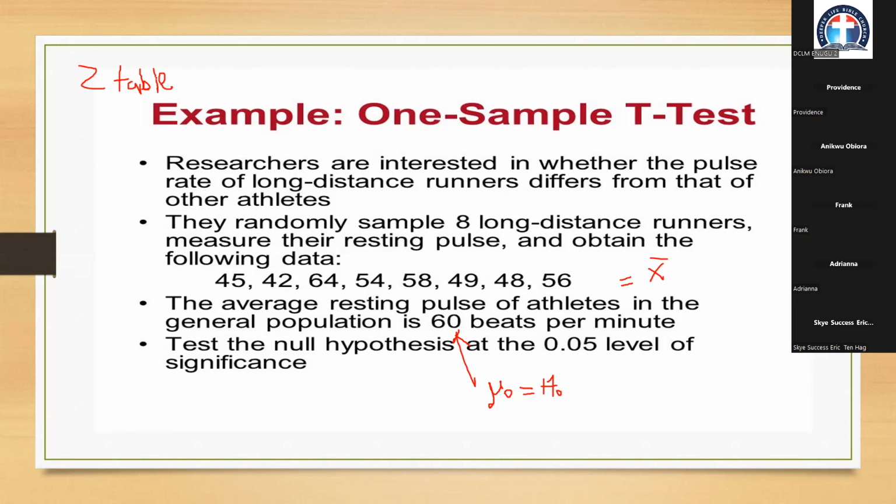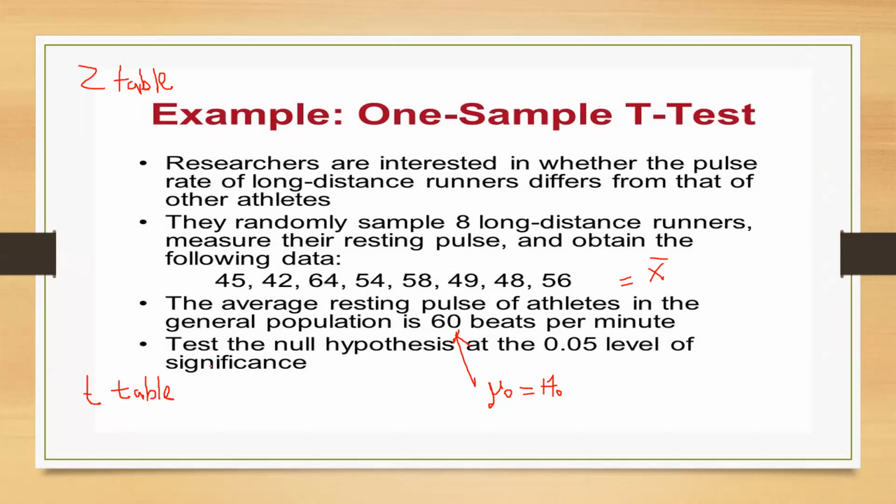You know, the same way we have what we call the T table, it's different from the Z table. When you go to Google, type T table, T distribution table, you will see the T table. That is what we check when we are dealing with the T test. We don't go to a Z table.